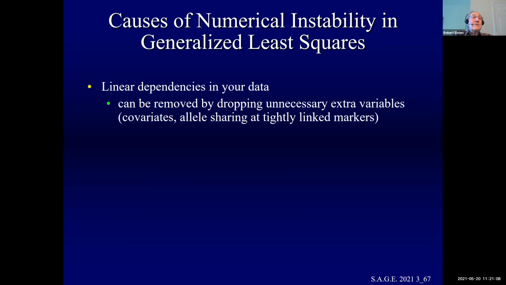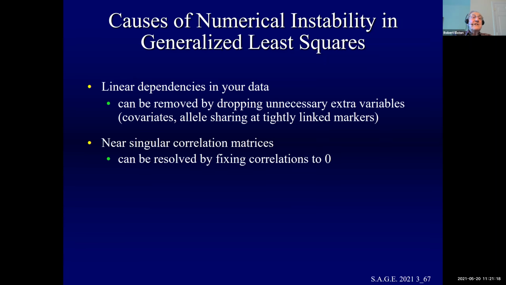You can also get numerical instability where you have near singular correlation matrices, and that can be resolved by fixing some correlations to 0. Basically, when you're going from W4 to W3 to W1, you are estimating fewer correlations. You're fixing some to 0, and that is why you get less instability.